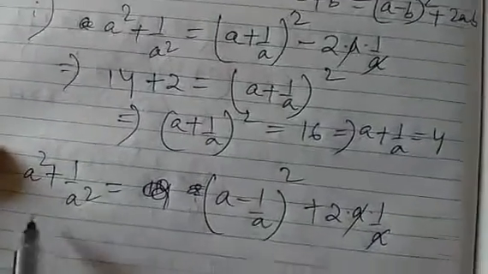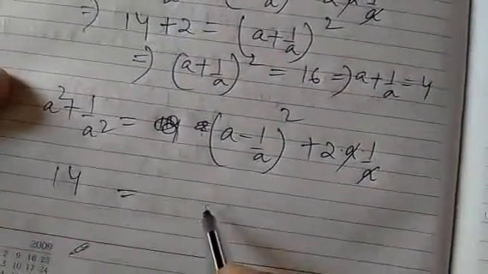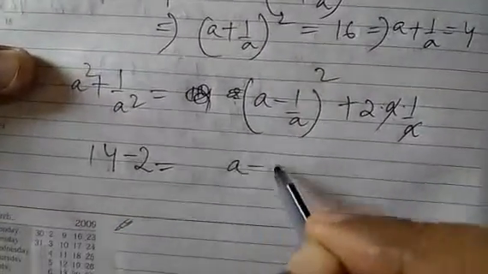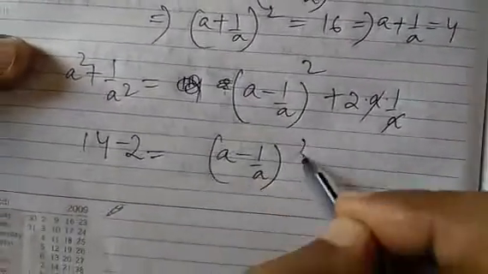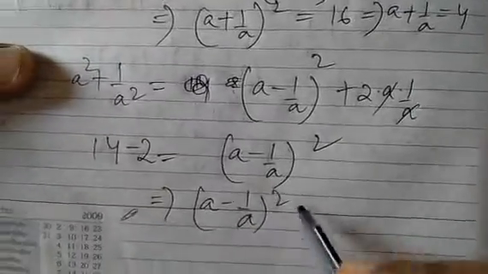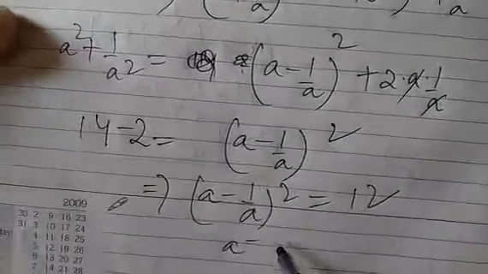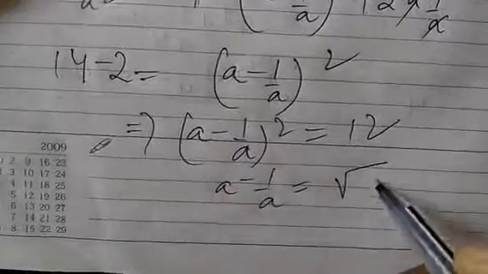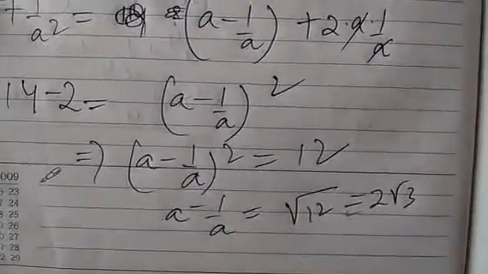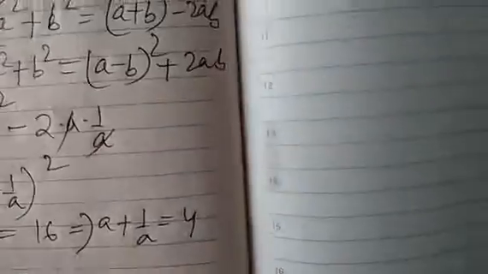This cancels. 14 is equal to a minus 1 by a whole square plus 2, so bringing this to this side, 14 minus 2 is equal to a minus 1 by a whole square. Therefore, a minus 1 by a whole square is equal to 12. A minus 1 by a is equal to the square root of 12, which is 2 root 3. So the first and second bits are over.